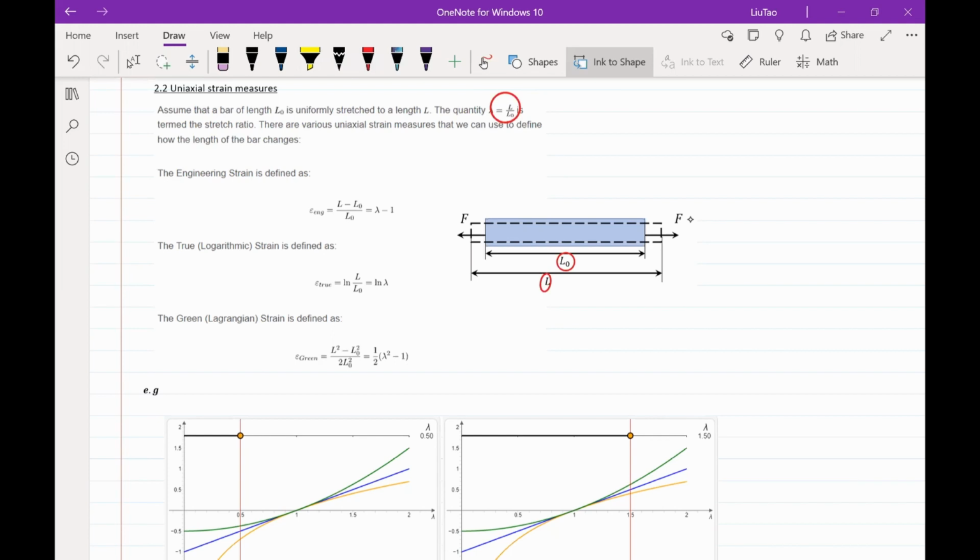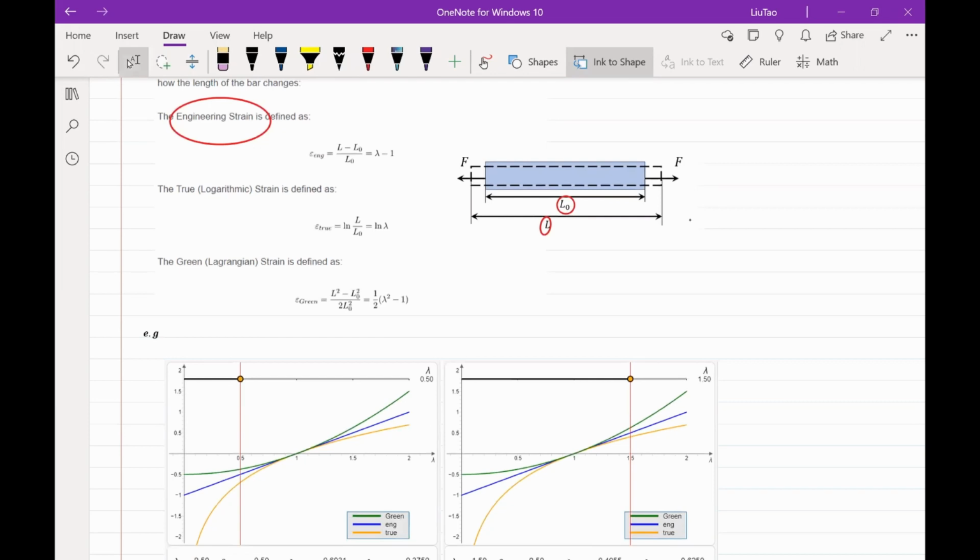There are three commonly used strain measures that we can use to define how the length of the bar changes. The first one is engineering strain. Engineering strain is defined as the difference between L and L0 divided by L0. If we express this using the stretch ratio, it's equal to lambda minus 1.